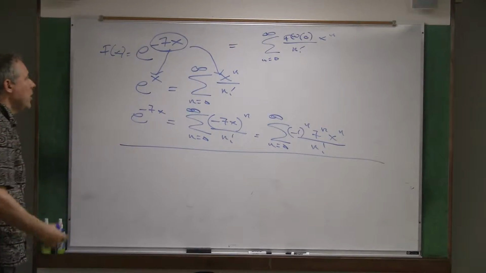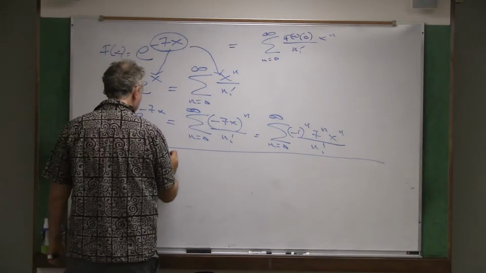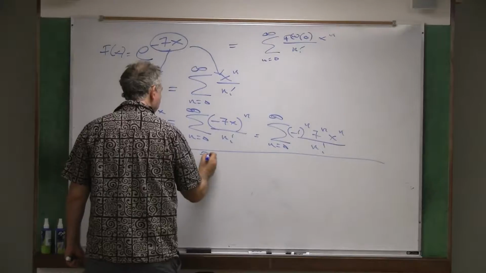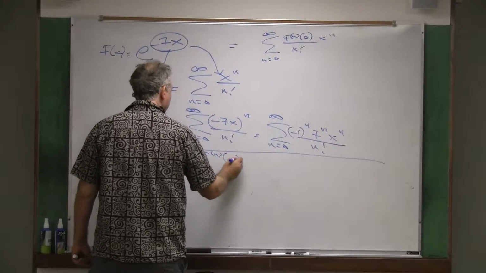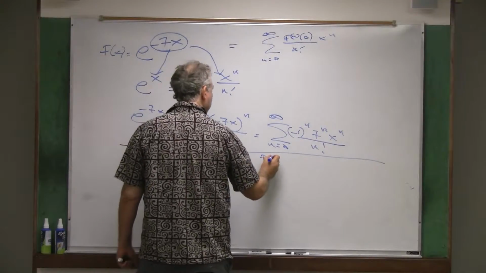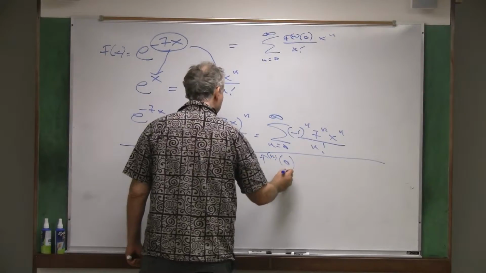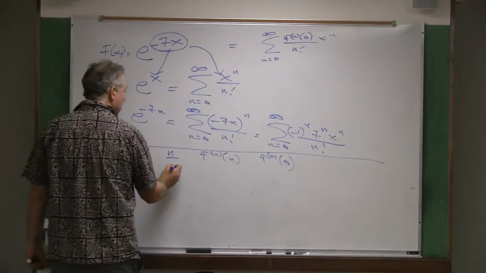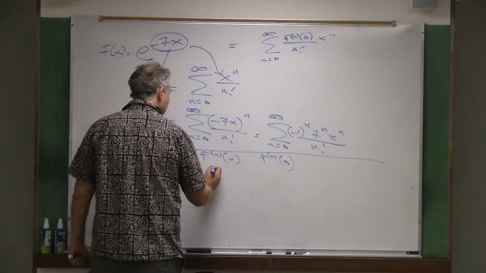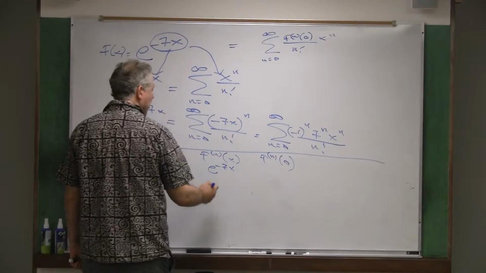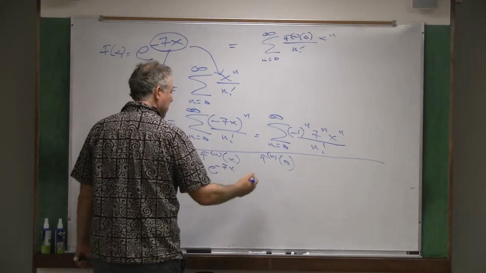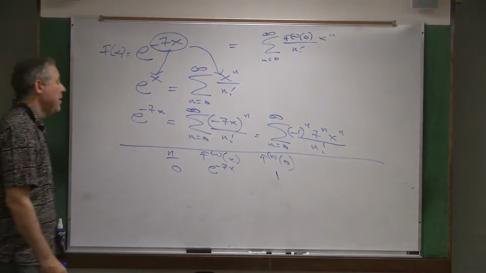And then you're going to go through your pattern. So you're going to have your nth derivative column, and your nth derivative at 0. So here you just have e to the minus 7x. When you plug in 0, e to the 0 is 1.